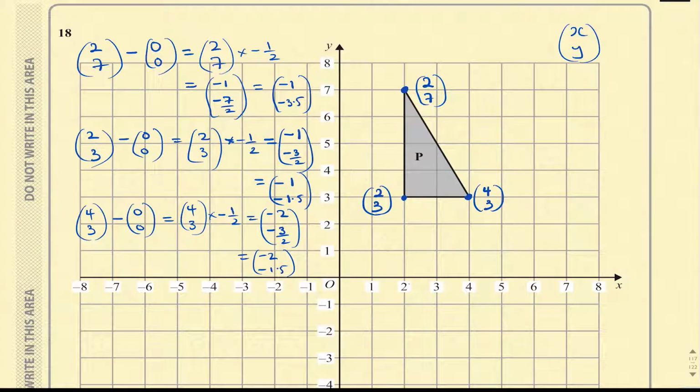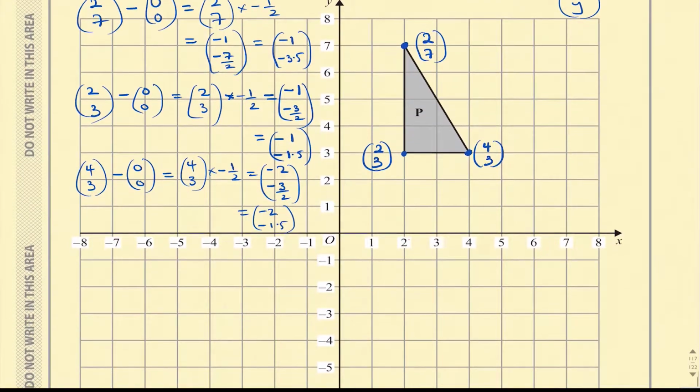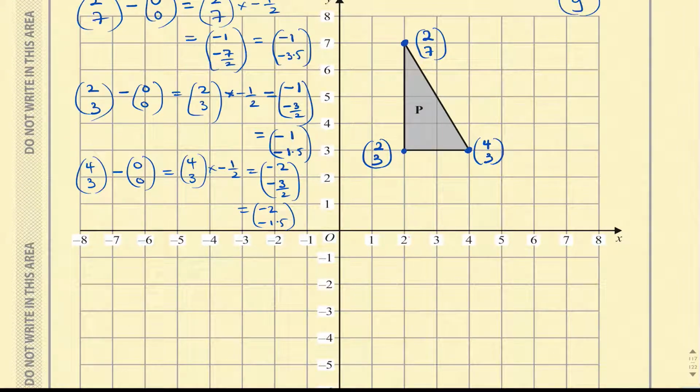So those are the new points that we need for our new triangle Q. The first point is (-1, -3.5). So this is -1 to the left and -3.5 will be here.